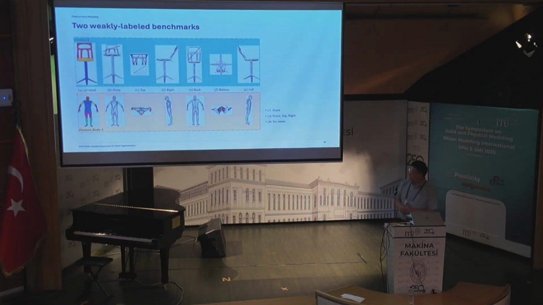Here you see 2 examples from 2 data sets from the literature. The first one is here. For this case, we picked 6 views, and you see for each view what sketch we put there for the later segmentation. The second example is a human body model.